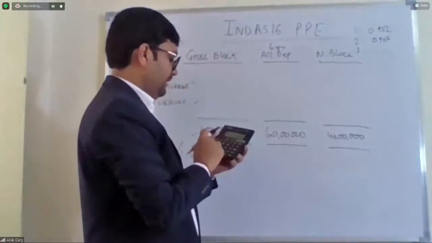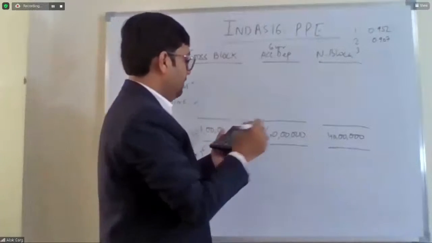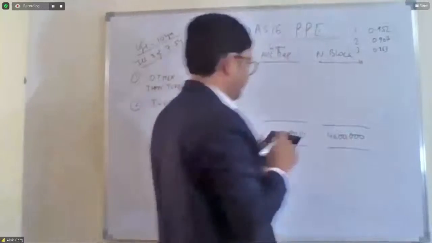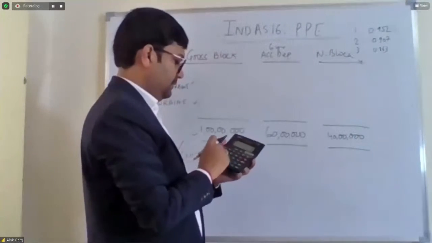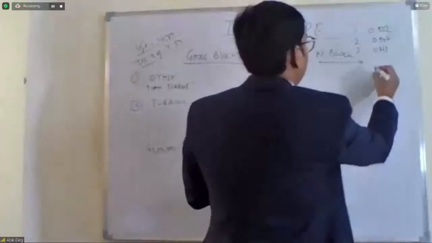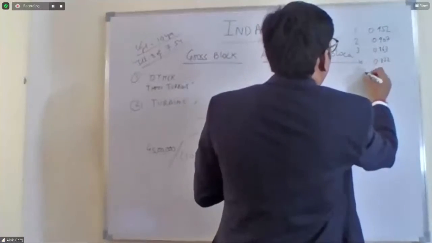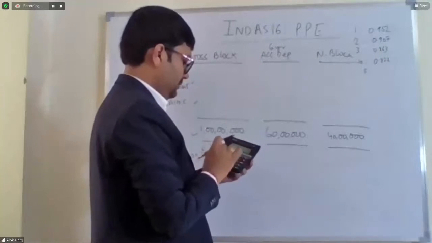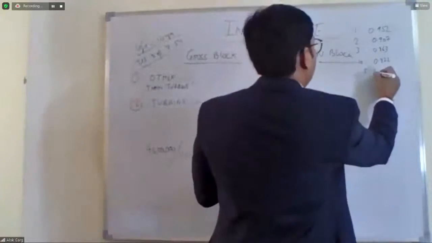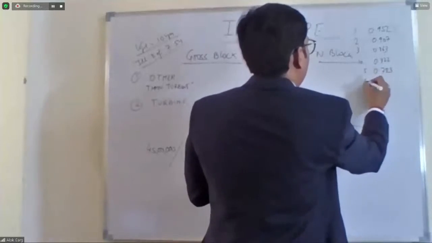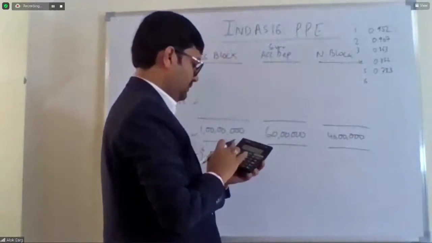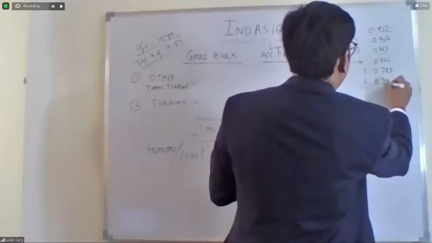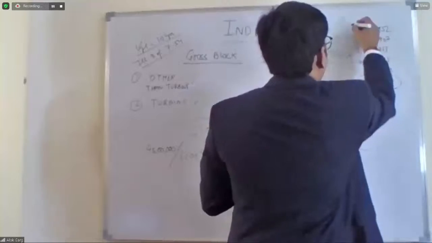Third year PV, divided by 1.05, is 0.863. Fourth year PV is 0.822. Fifth year PV is 0.783. Sixth year PV is 0.746.